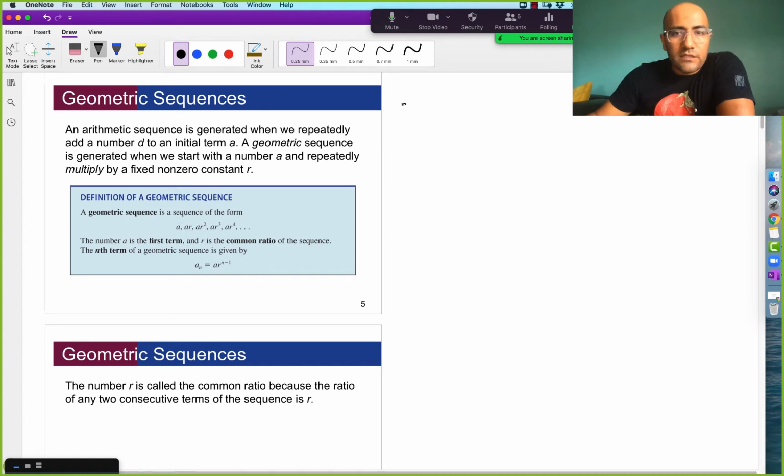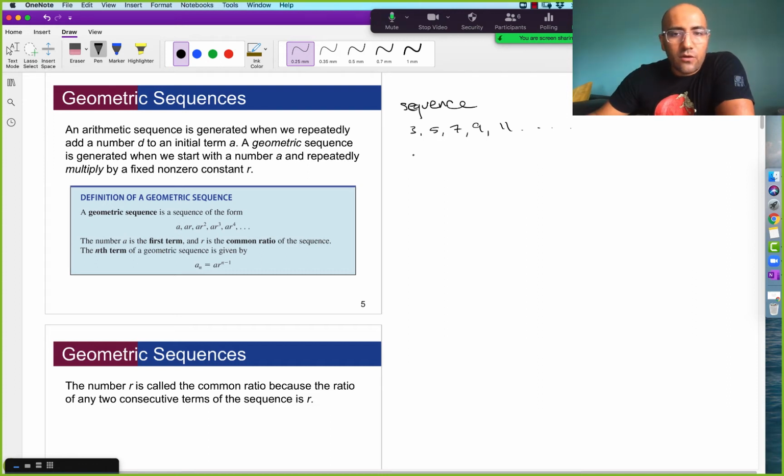A sequence is just any list of numbers. It could be anything like 3, then 5, then 7, then 9, then 11. It looks like I'm listing the odd numbers. That's a sequence. It could be something where I'm squaring it and subtracting 1.